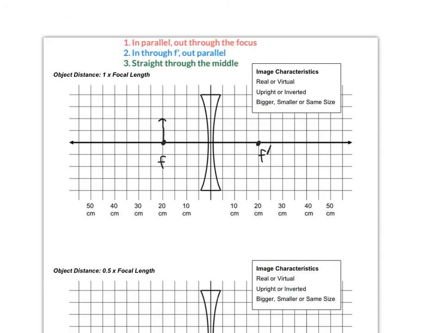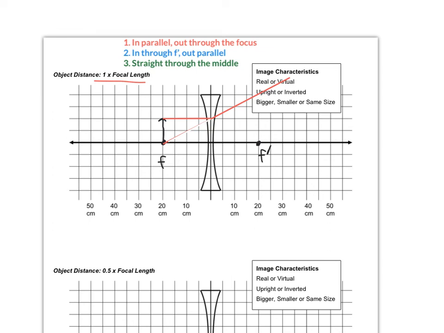Moving on to this next one, we're now going to do 1 times the focal length once again. And if you remember from the convex or converging lens, that resulted in no image. But as you'll see, when we have a diverging lens here, or a concave lens, that's not going to be the case. So let's go ahead and draw our rays. Our first one, of course, goes in parallel and out through the focus, but we're going to do it on this line with the focus.